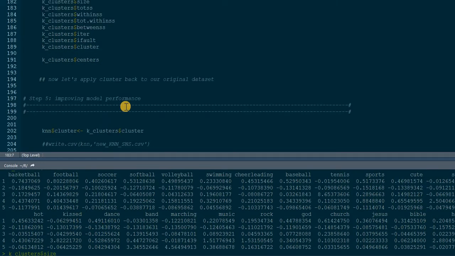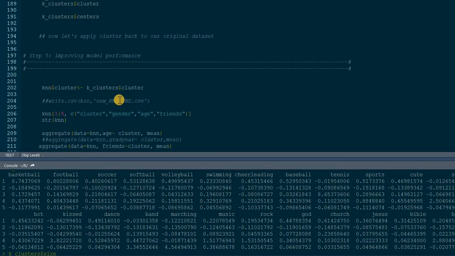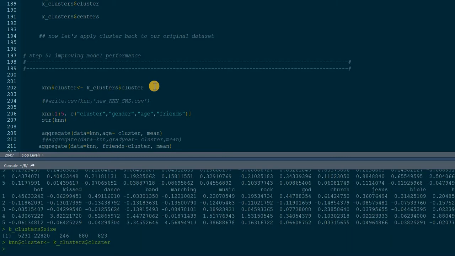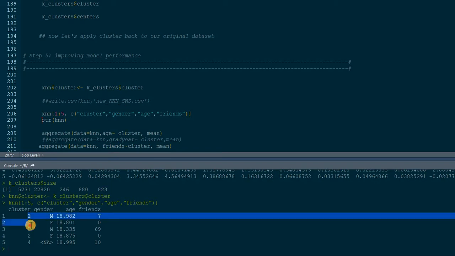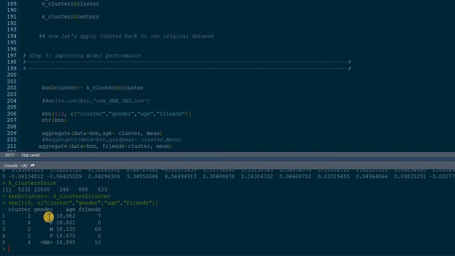So now we have looked at the clustering. Let's try and see if we can improve our model performance. I want just the first 5 rows. What it gives us is the cluster-wise gender and average age.